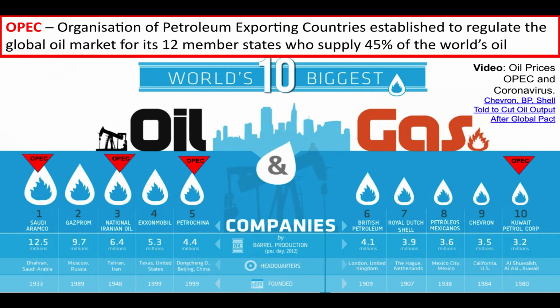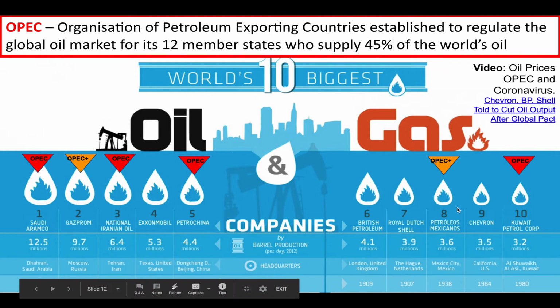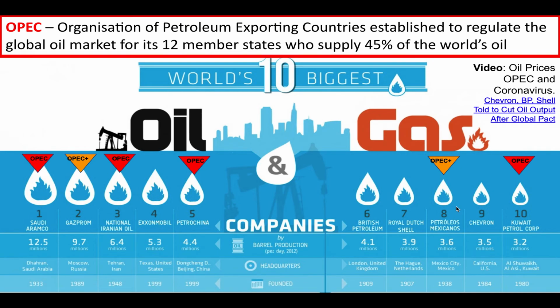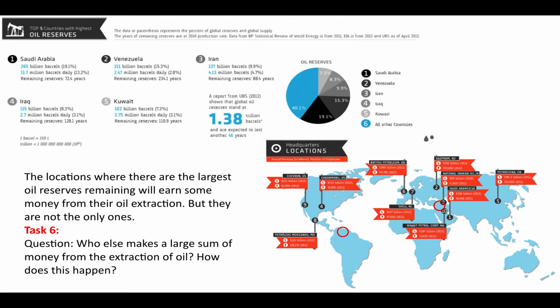Yeah, and although these four guys officially work together, these two are also involved in what we call OPEC plus, i.e. they're not officially part of OPEC, but they do exactly what OPEC says. And so actually you can see now how much of our oil supply is controlled by just one group of companies and countries.